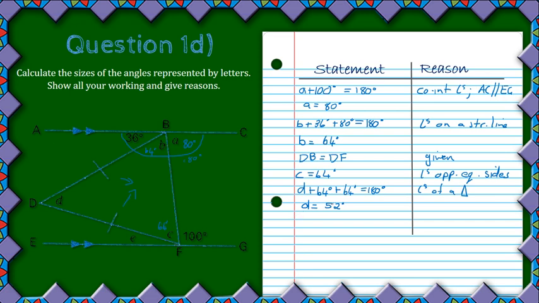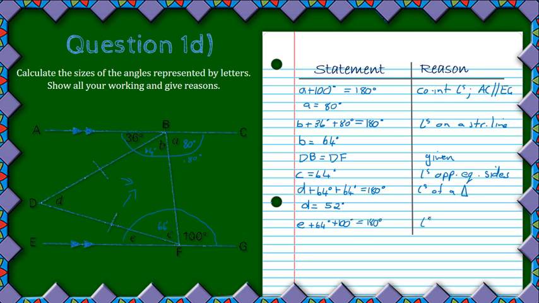Okay, and finally we've got E. Now we can solve it by using angles on a straight line. So I think let's do that. We have that E plus 64 degrees plus 100 degrees must equal 180 degrees.